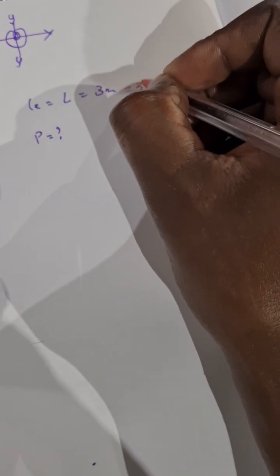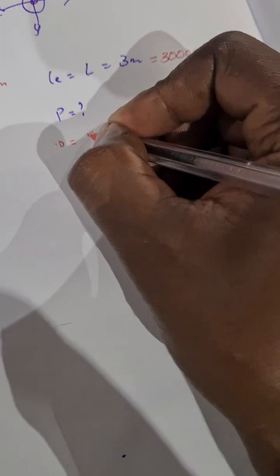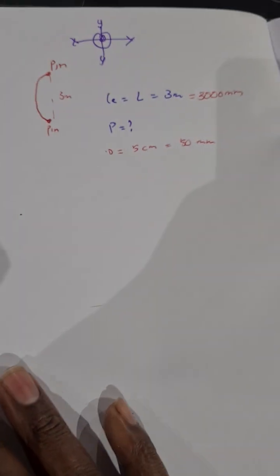If I'm going to use millimeters, 3 meters is 3,000 millimeters. And then obviously my diameter, 5 centimeters, is going to be 50 millimeters.